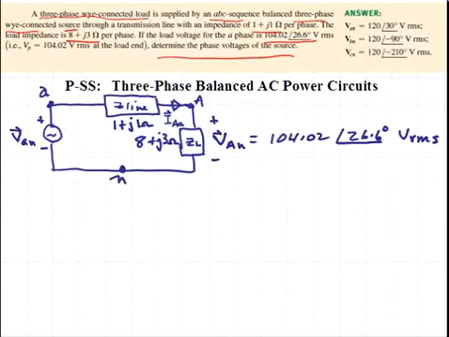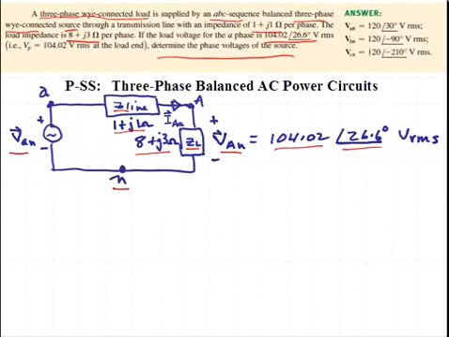So this is the equivalent circuit for the A phase of this problem. V sub AN on the left is the source voltage, and that's the value that we are to determine. We have the neutral line, and then we have the line impedance, Z line, which is 1 plus j1 ohms, the load impedance Z sub L, which is 8 plus j3 ohms, and then we were told that the voltage appearing across the load, V sub capital AN, is equal to 104.02 at an angle of 26.6 degrees volts.